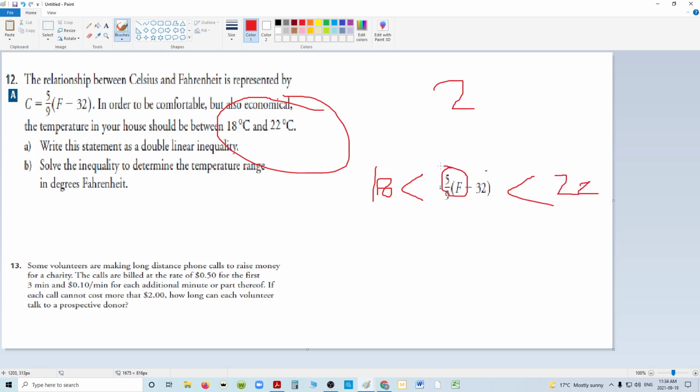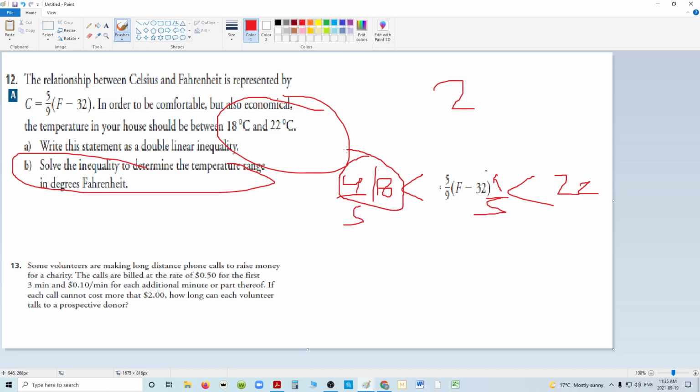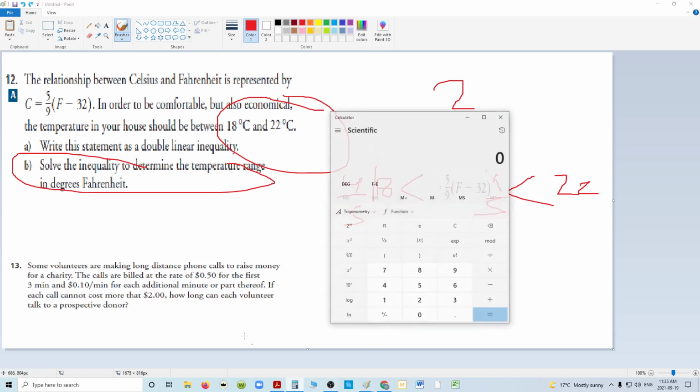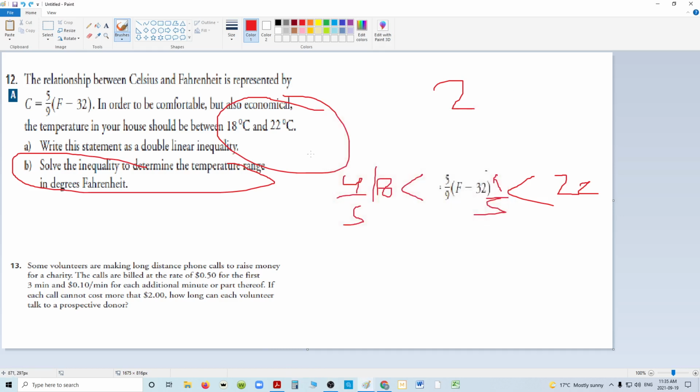But this is for Fahrenheit, so you'd have to rearrange it for Celsius. Since they asked for Fahrenheit, let's go ahead and do it. You have to multiply all sides by 9 over 5. On this side there's no real simplification, so you've got 18 times 9, and you get 162 over 5.